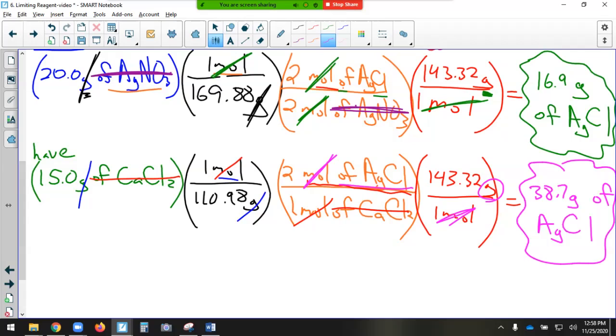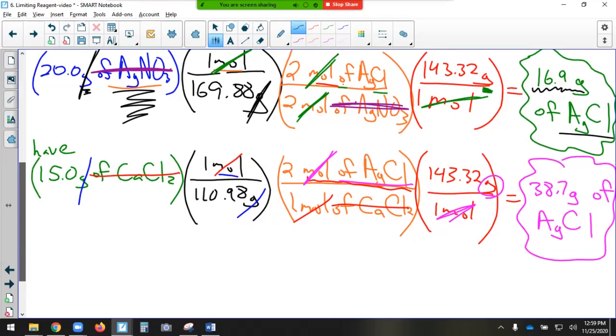If not, again, send me an email. So now that we've figured out both quantities, the amount that actually gets produced is going to be the smaller amount. That means we're actually going to produce 16.9 grams of silver chloride. Therefore, silver nitrate is my limiting reagent.